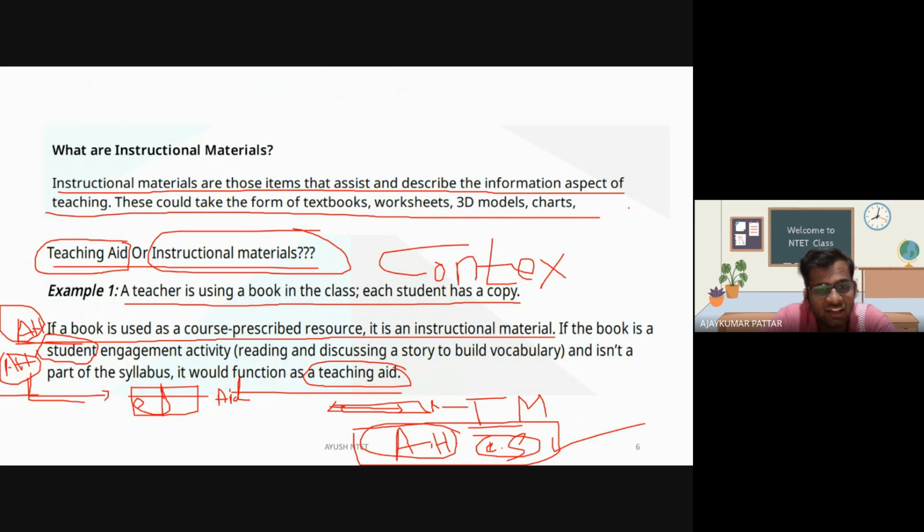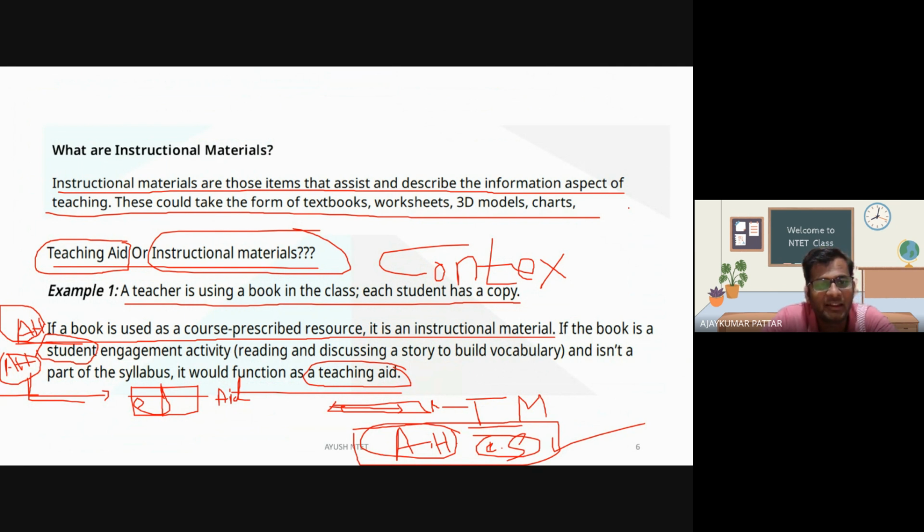Then as technology increased, when technologies were adopted in teaching methods, education went from 2.0 to 3.0, 4.0, 5.0, 6.0 like that. So these are nothing but versions.